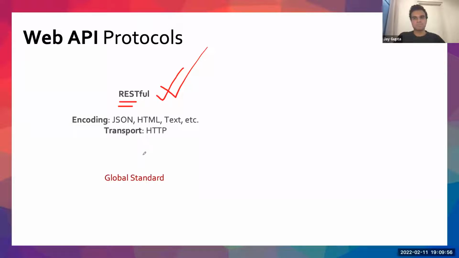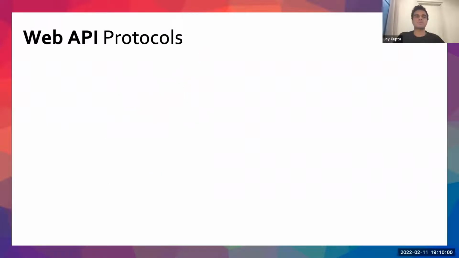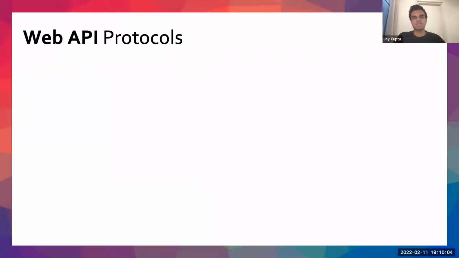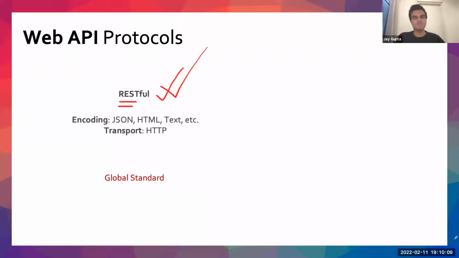APIs like SOAP or XML RPC impose a strict standard as to what you can or cannot do. But REST APIs are very flexible. They provide a lot of data formats, and the only requirement is that they should conform to the REST design principles, which we will see in the next slide. This is the global standard, and this is what we will focus on in this workshop.